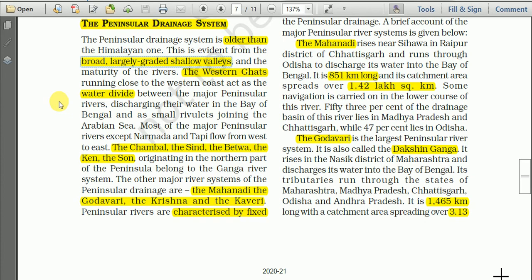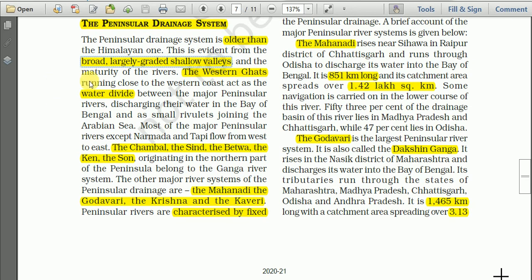For the time being, let us learn that the Peninsular drainage system is older than the Himalayan one, and this is evident from the fact that these peninsular rivers are broad. That means the valleys of the peninsular rivers are broad, largely graded, and shallow valleys.